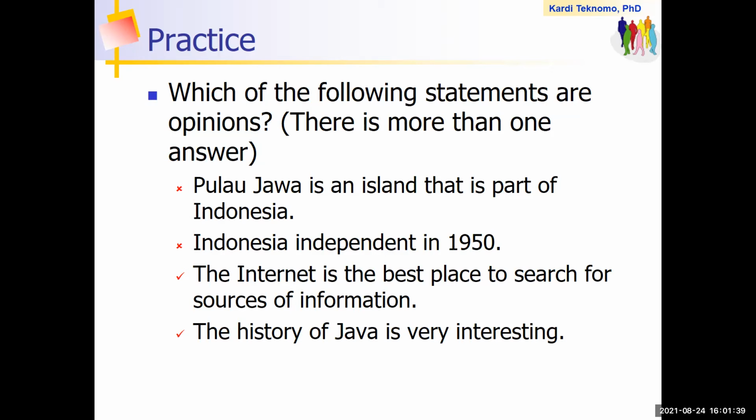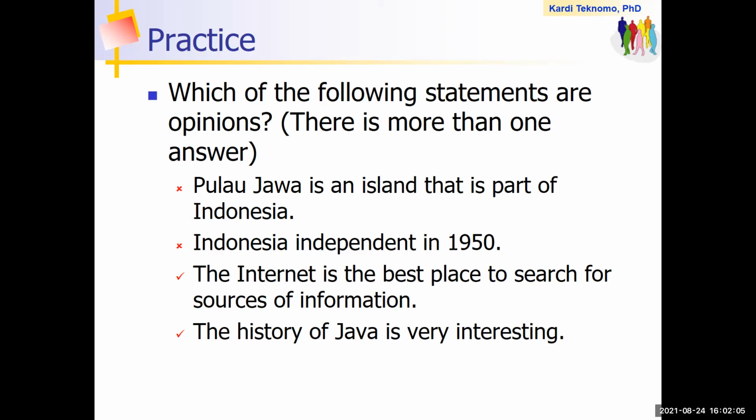How about this? Which of the following statements are opinion? Okay, so Pulau Jawa is an island that is part of Indonesia. Fact or opinion? Fact. Fact, right? Okay. Second, Indonesia became independent in 1950. Fact or opinion? Fact.